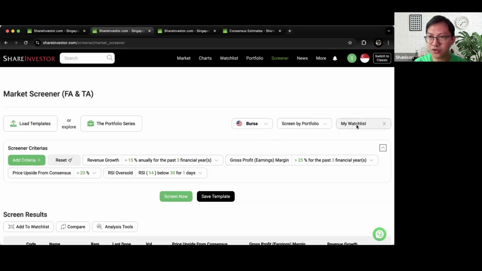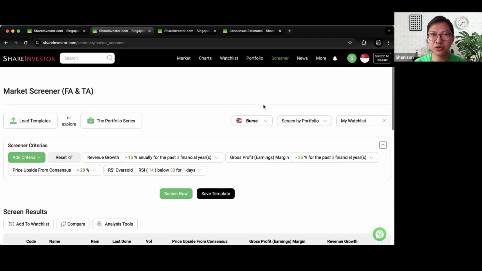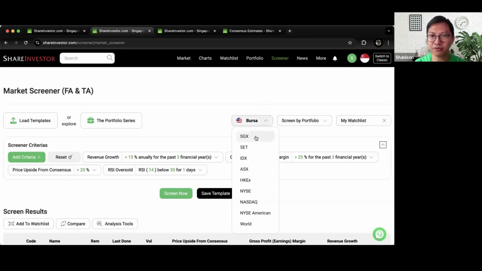Just take note that once you choose a watch list, you can't choose a portfolio. So it's either from your watch list or from your portfolio. And our screener right now allows you to screen one stock market at a time. So if inside the watch list I have, let's say, US stock, Singapore stock, and Malaysia stock, it will filter based on your selection. In this case, only the Malaysia stock would be screened over here.